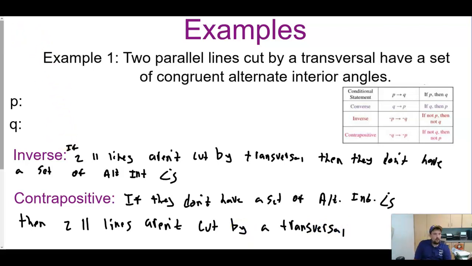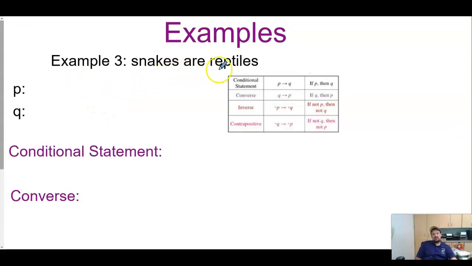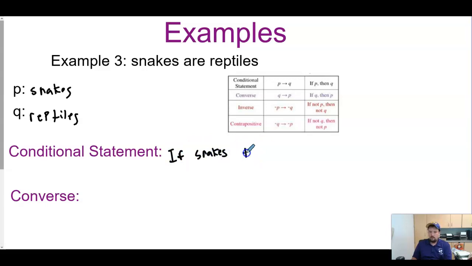So let's go ahead and look at one more example. Snakes are reptiles. My first statement is just going to be snakes, and my second statement is going to be reptiles. Conditional statement, if P then Q. So if snakes, then reptiles.